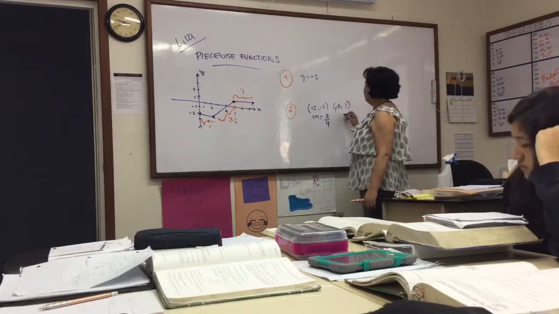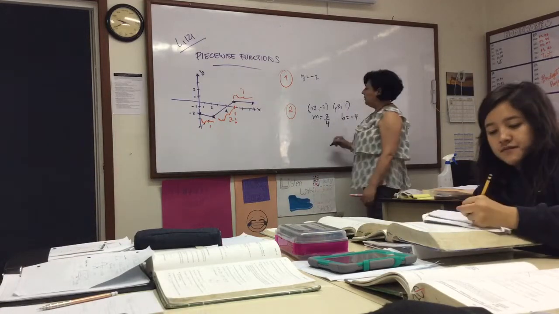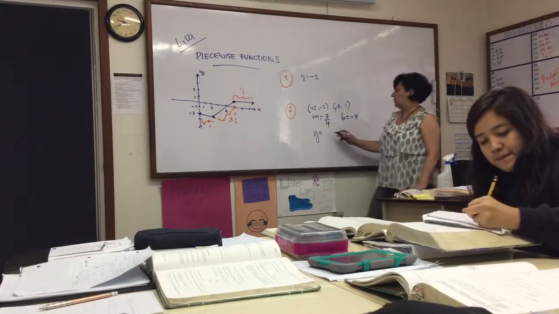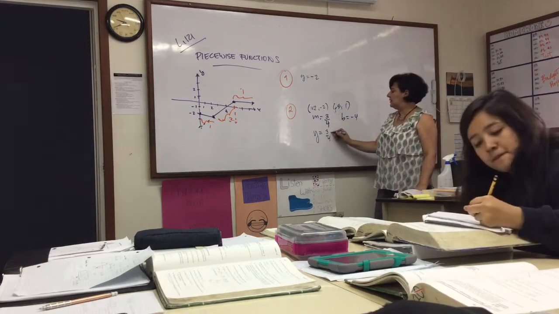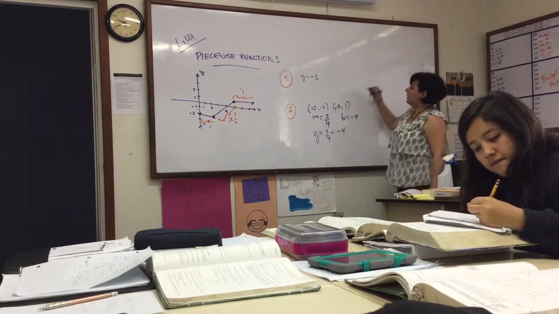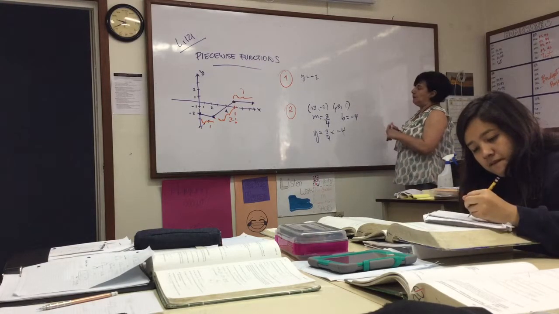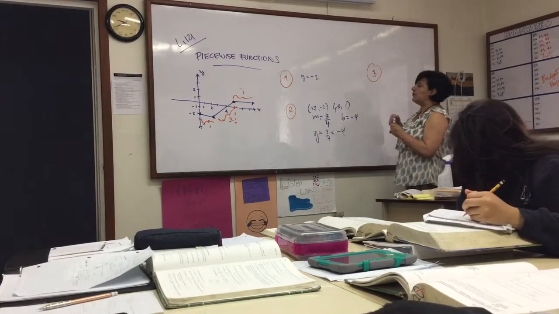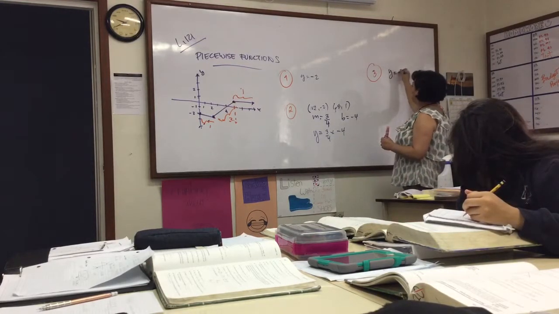So my equation for this one is y equals 3/4 of x minus 4, correct? And what's the equation for the third one? y equals 1.